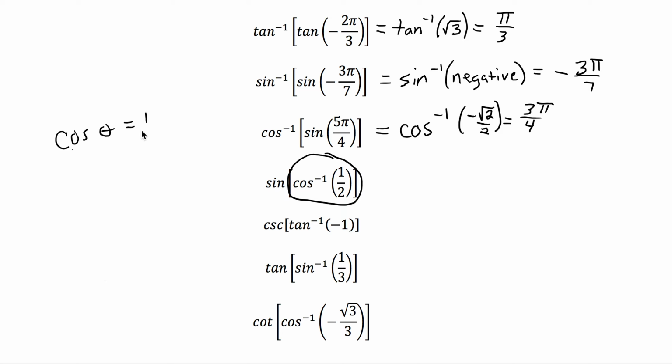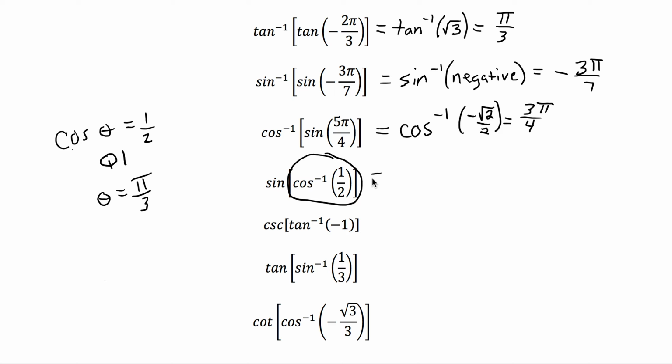Since it's positive, I know that I'm in quadrant 1, which makes things easier for me. What do I know? I know that cosine is equal to 1/2 at pi over 3. All right, so I know that the answer to this expression is going to be pi over 3.